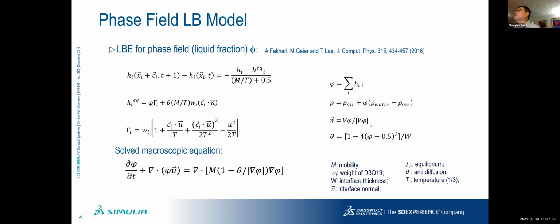Here the equilibrium is considered in two parts. The first part, phi gamma_i, is the standard equilibrium distribution. Here we add a second term, the theta term, which will introduce a negative diffusion, which can maintain the given thickness of the interface.